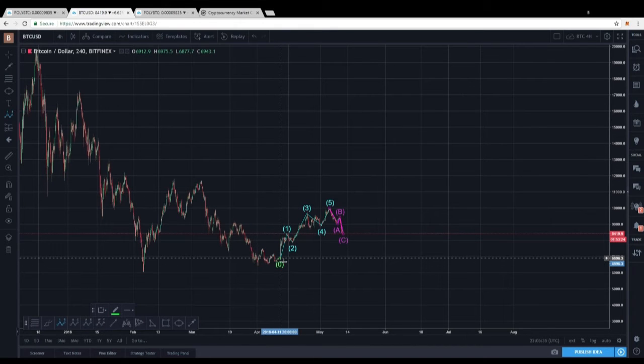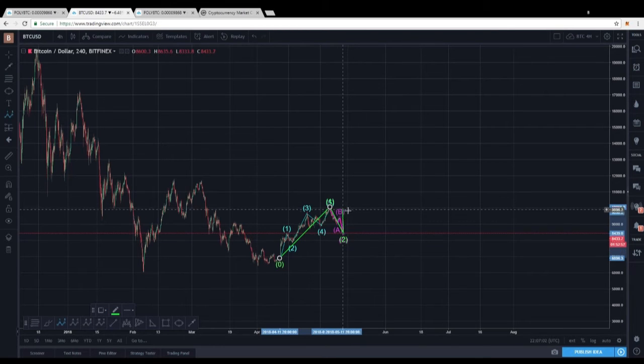And then we'd go to our highest point on the 5-wave impulse, which would be at the point of 5. And that actually makes the first impulse wave of a bigger cycle, guys.